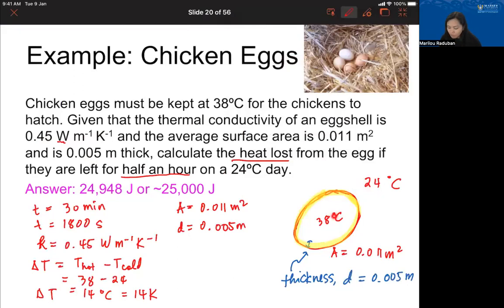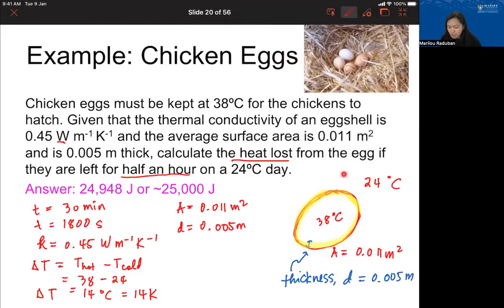We've seen they're of course in direct contact because air is just all around the egg. So heat will transfer from the hot egg to the cold environment, but the heat transfer will occur throughout the surface, the whole egg. In short, throughout the whole area, 0.011 meters squared, right?